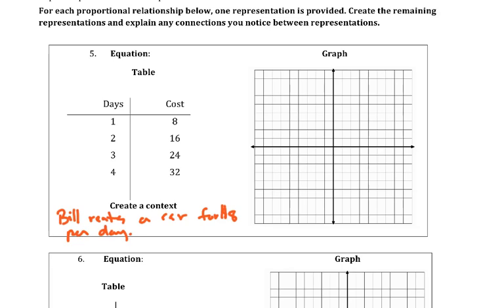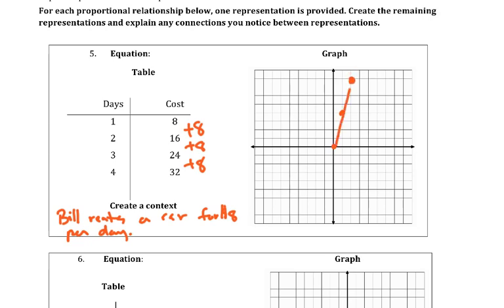So at day 1, he paid $8. At day 2, paid 16, because we're adding 8 each time. On day 0, the cost would be 0. So if I'm graphing this, 0 right here, 1, I'd go up to 8, which maybe I'm going to count by 2s. There's 8. That would be 16 right there.